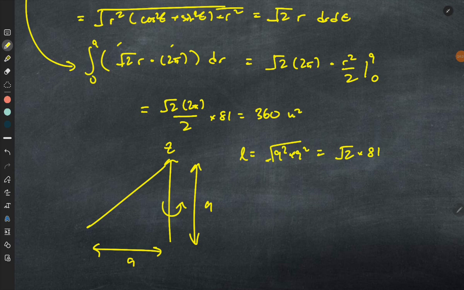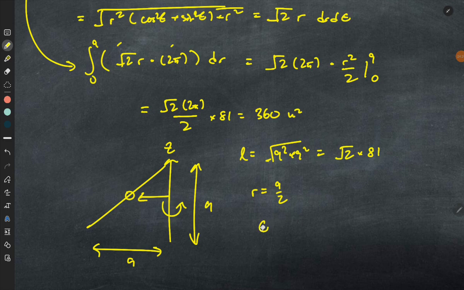And then the path that the centroid of this line is going to travel has a radius of 9 divided by 2, because the centroid of this line is in the middle. So the radius of the path of travel is 9 over 2.